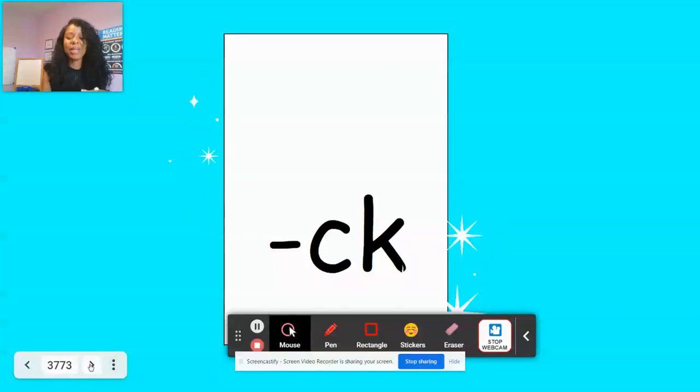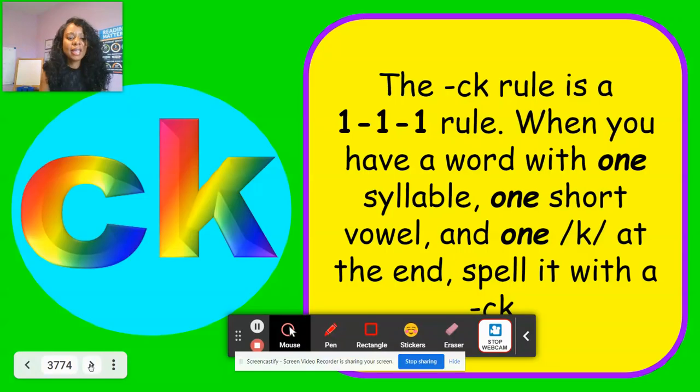So we have the CK makes the k sound, just one sound. And you're going to make sure that you know the CK rule. The CK rule is a 1-1-1 rule. When you have a word with one syllable, that means if we clap out the word sick, let's clap it out. Sick. If you were to say the word sick, it only has one syllable. Let's clap that syllable out again.